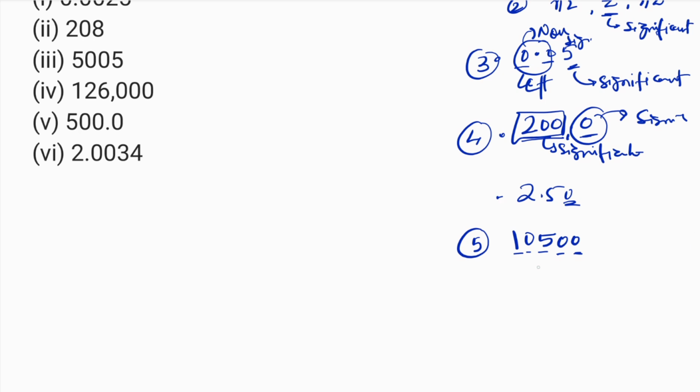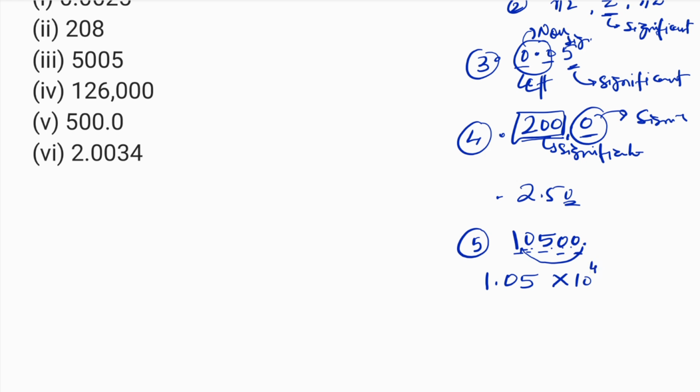Suppose this number is written in scientific form: 1.05 times 10 to the power 4. The decimal point is shifted 4 places to the left, so the exponent 4 will be positive.